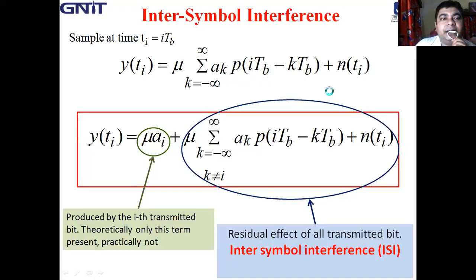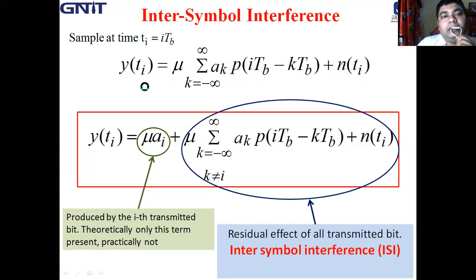The receiving filter output is sampled at time t_i equal to i T_b. Then we get y(t_i) equal to mu, just I put i T_b in place of t, or here it is n t_i.